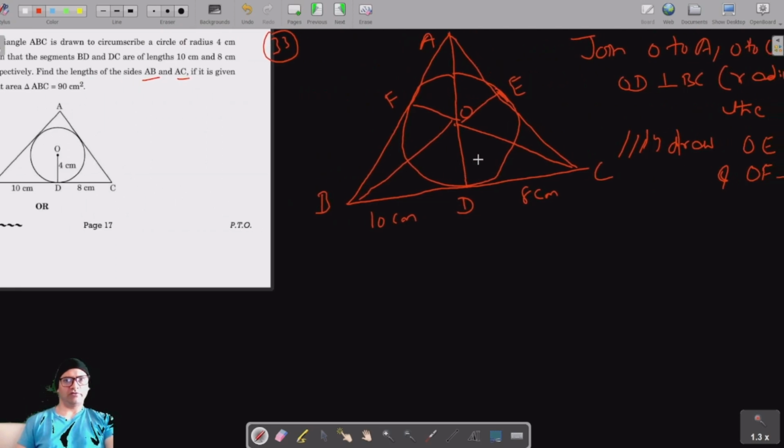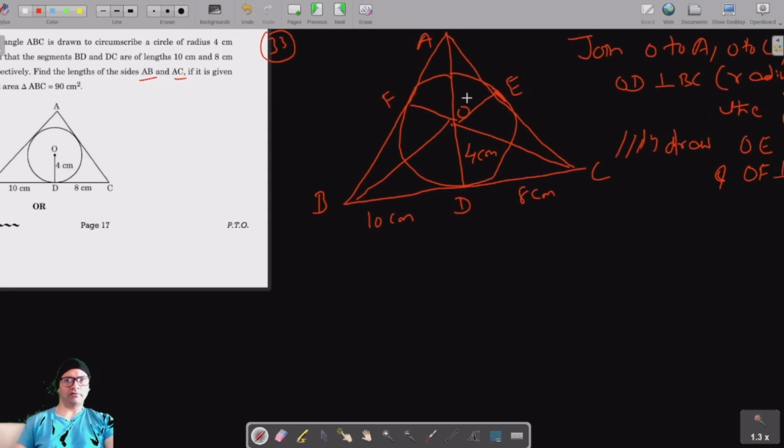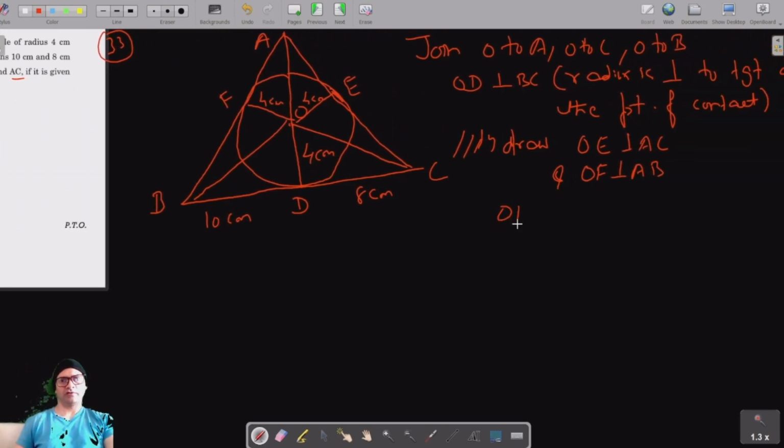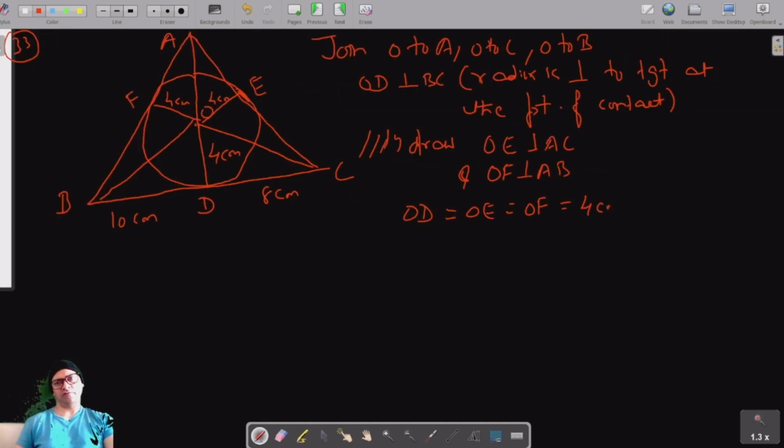So the radius is given, it's 4 centimeters. So this is 4 centimeters, this is also 4 centimeters, and this is also 4 centimeters. So OD is equal to OE is equal to OF is equal to 4 centimeters.